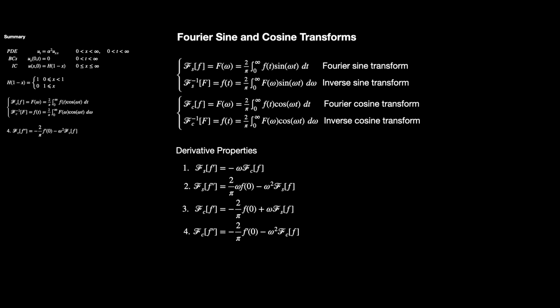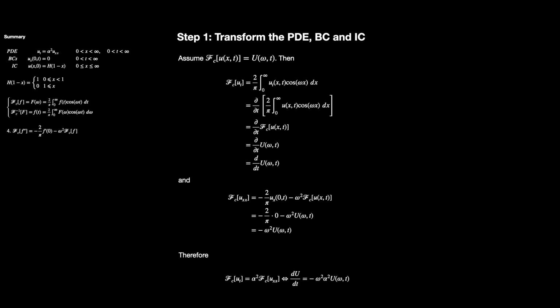Now that we know what we're going to use, we'll move on to the next step, where we transform the PDE, boundary condition, and initial condition using the Fourier cosine transform. First, we assume that the transform of u is a function capital U, which is a function of the variables omega and t. Then we apply the cosine transform to u sub t.